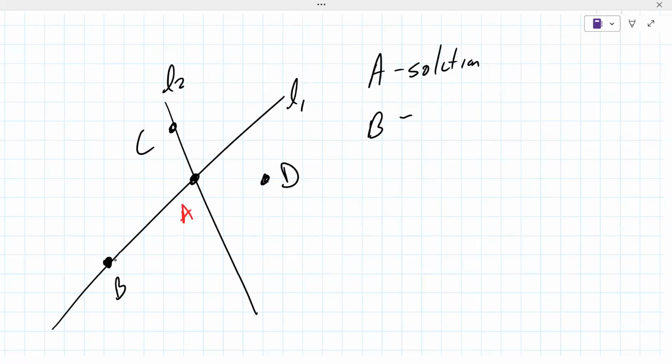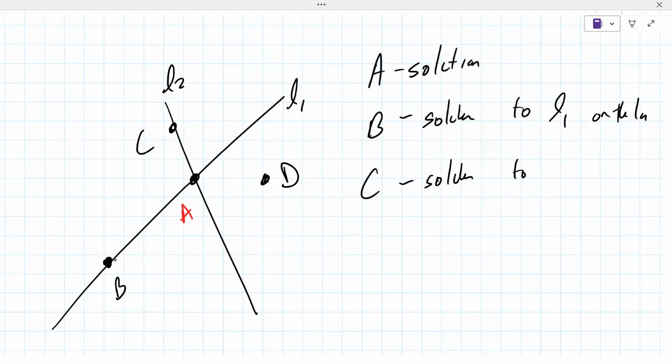I'll take anything. A point on the line. Right. So it's a solution to L1, it's on the line. How about C? What can you say about C? C is a solution to L2. Yes. So it's on line 2. What about D?